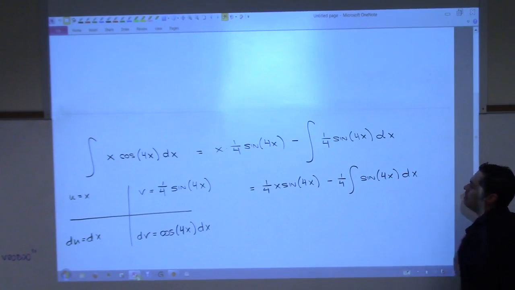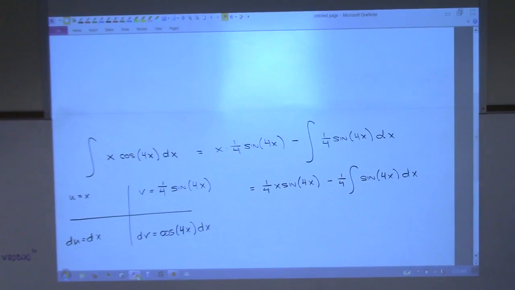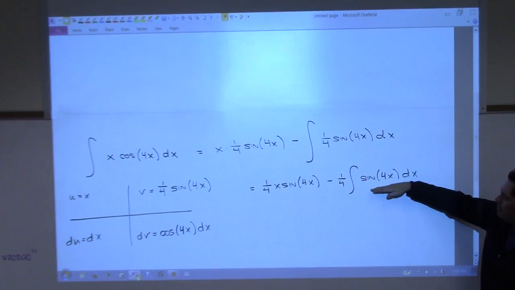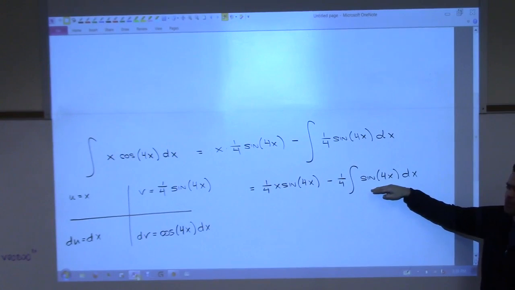And Lewis, you're telling me you can handle that? So what's the antiderivative of this now? Negative 1/4 negative cosine 4x. Yeah, negative 1/4 cosine 4x, right?